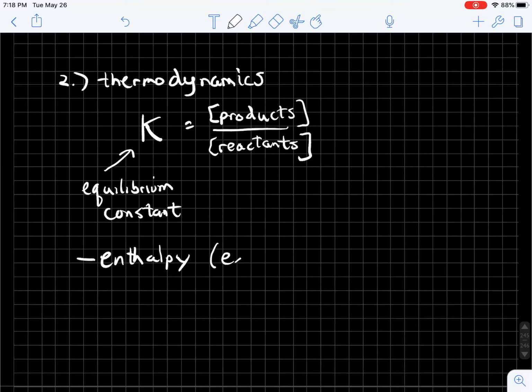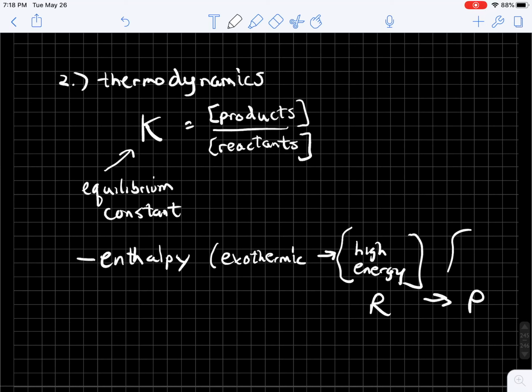In other words, things like exothermic materials tend to be more thermodynamically stable because we're going from high energy reactants to low energy products. Now, that's not to say you can't go in the other direction, endothermic. You certainly can go endothermic. But exothermic materials tend to be more thermodynamically favorable. The other thing that we should consider is entropy.